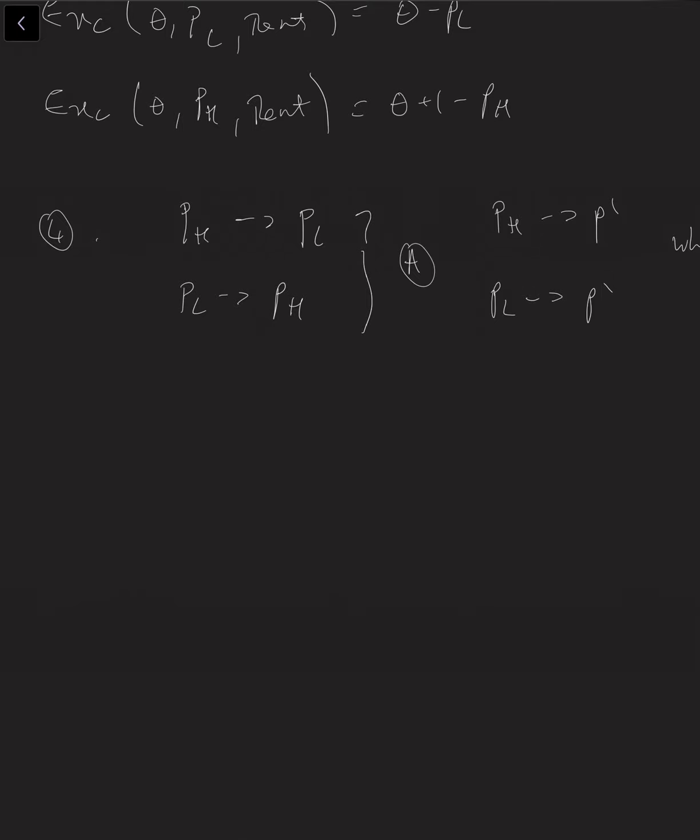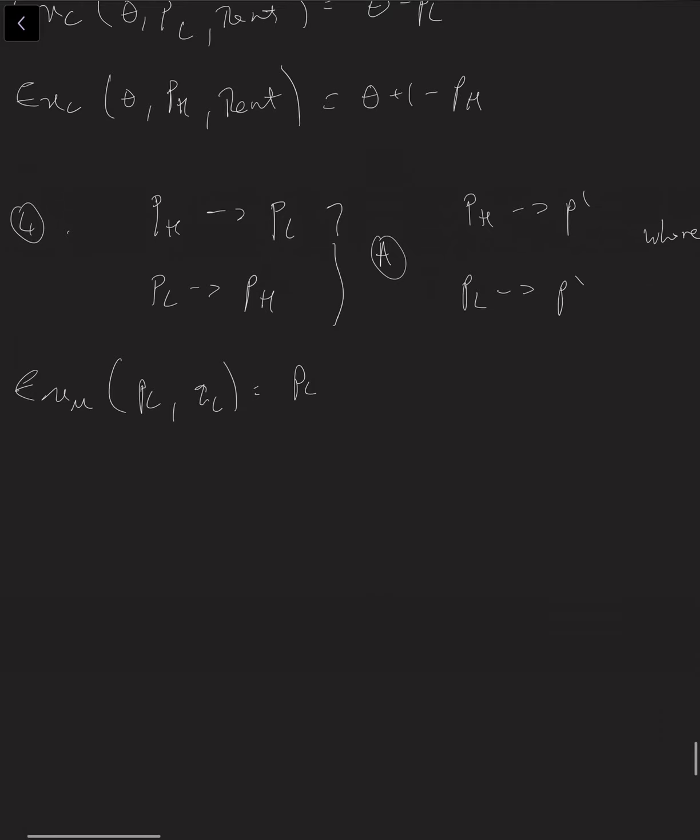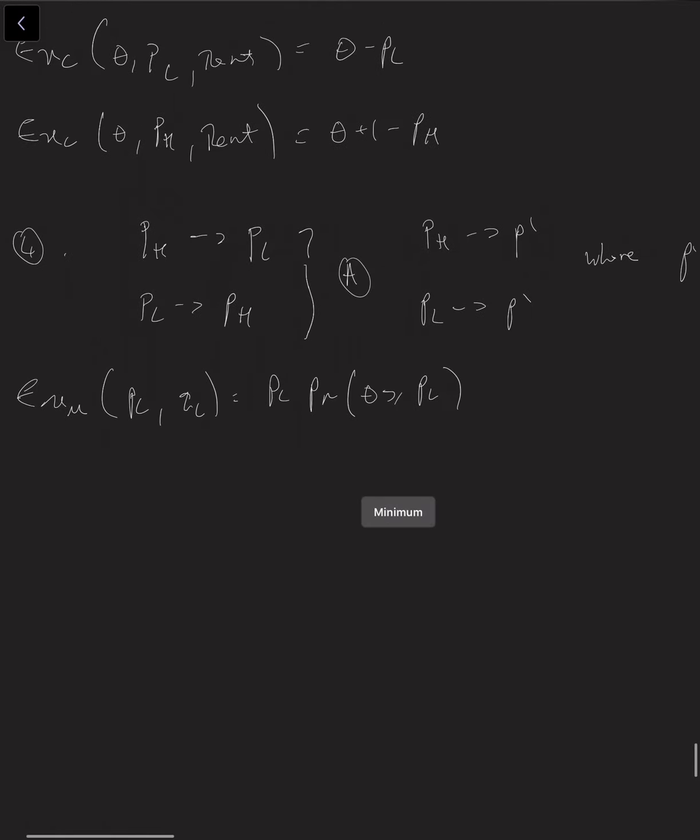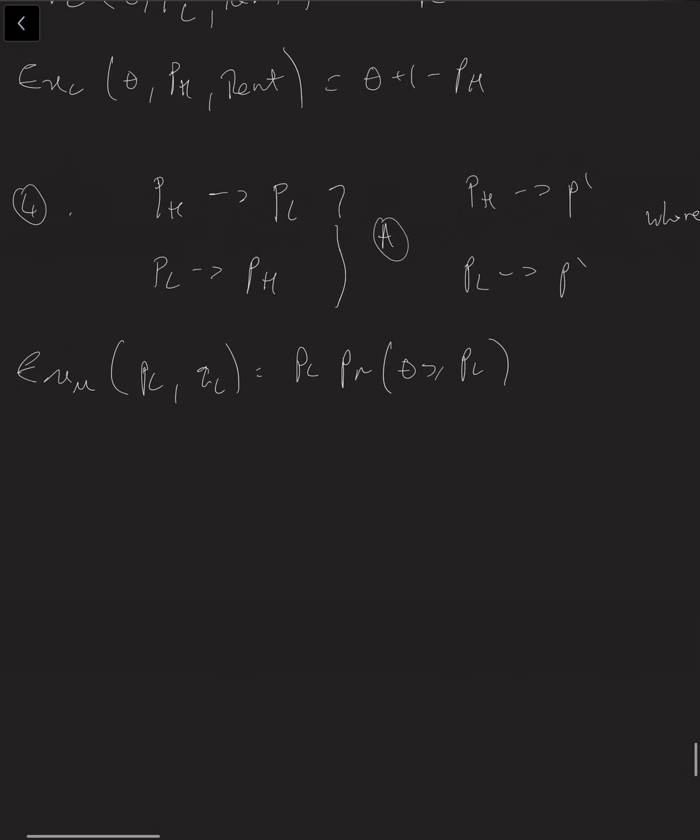Okay, so first, what does Monica get by posting the low quality flat at PL? She gets PL times the probability that the customer rents, which is the probability that theta is greater than or equal to PL, as we saw from the strategy specification above. What about the corresponding off-path utility?